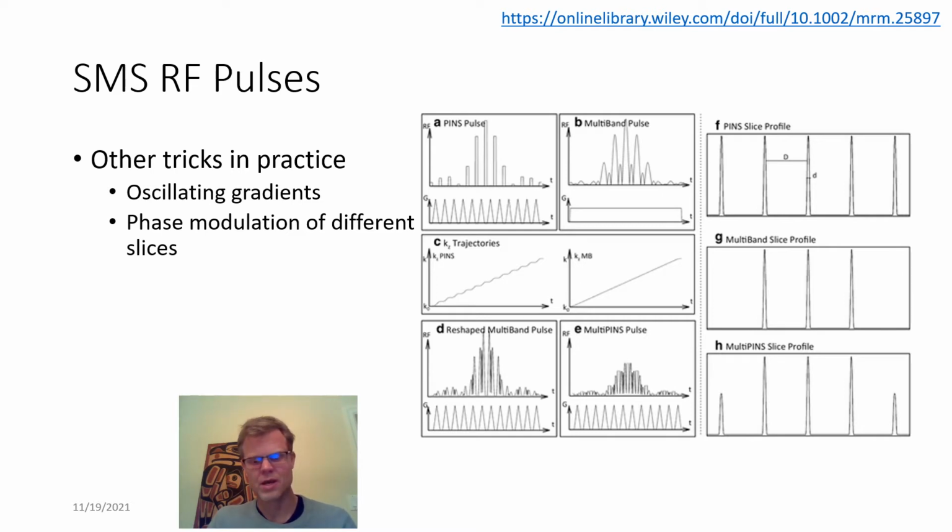So we just combine the RF waveforms from the different slice excitations, and we use our Fourier shift theorem to determine what this would be. But there are a couple of other variations on that shown here as well. The goal, for all of these, is that they're not just exciting a single slice, but multiple slices with a single RF pulse.